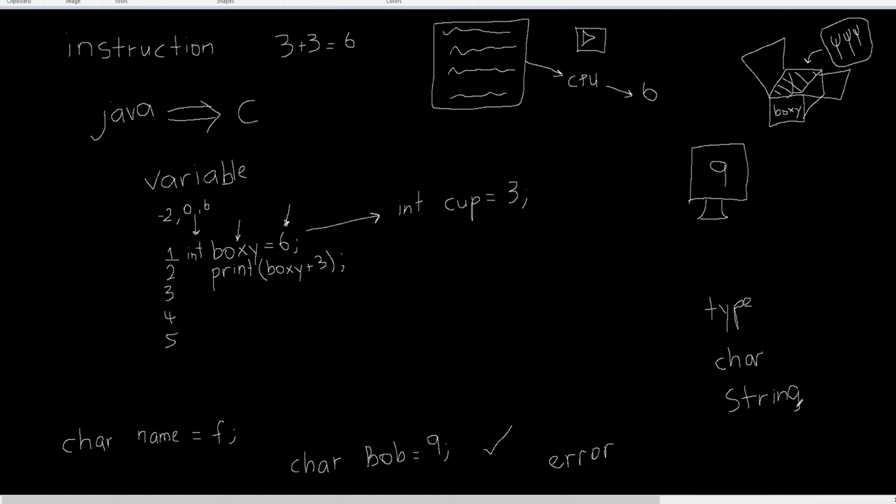So for instance, your string, let's have a look. It's the same thing, right? Type, variable name, value. So we've got type, string.